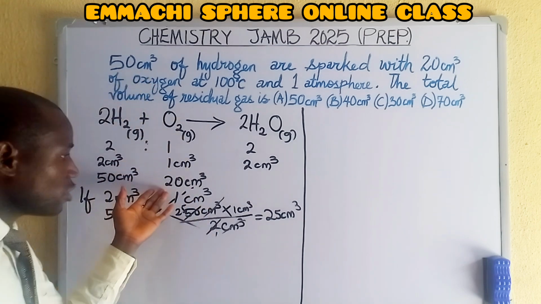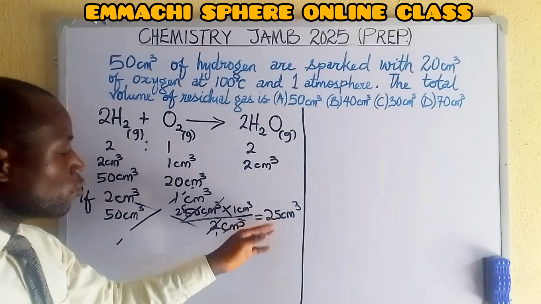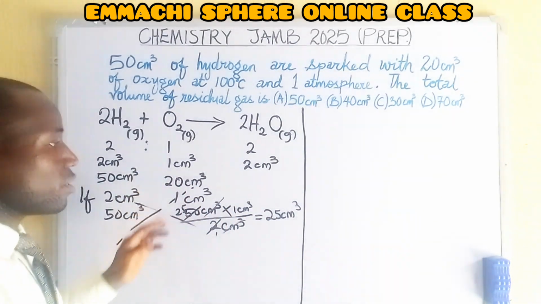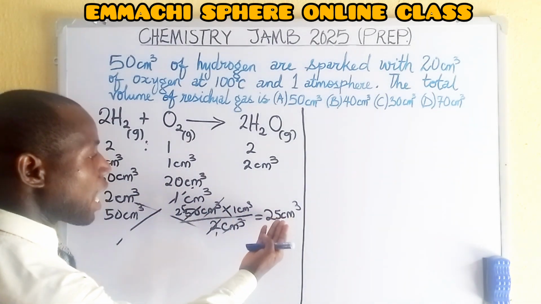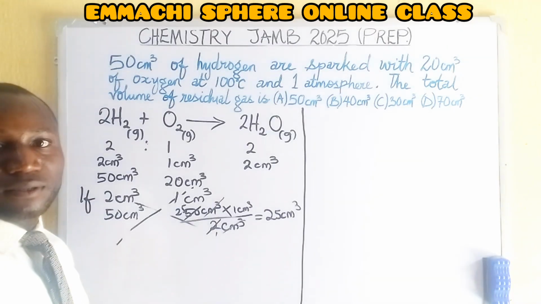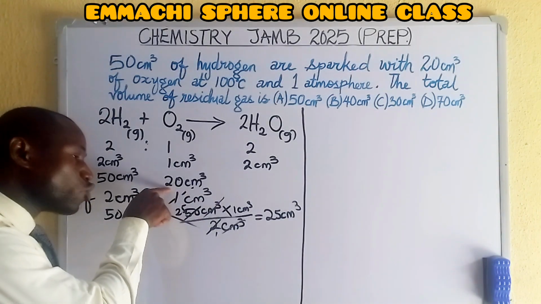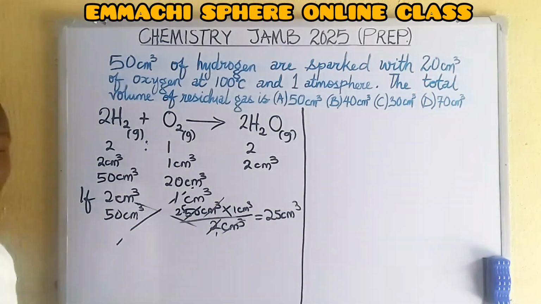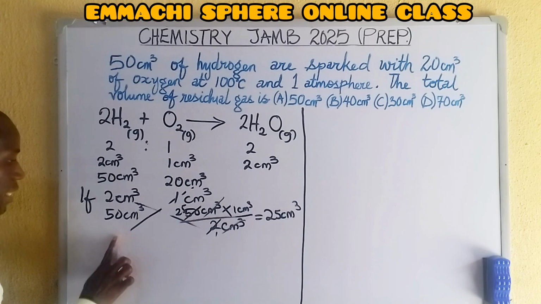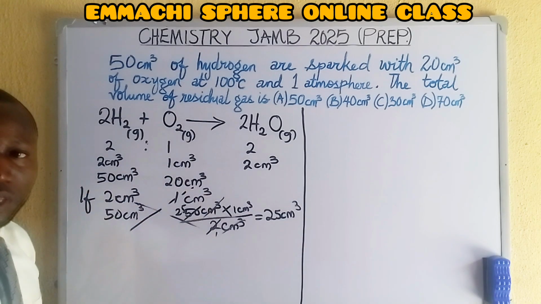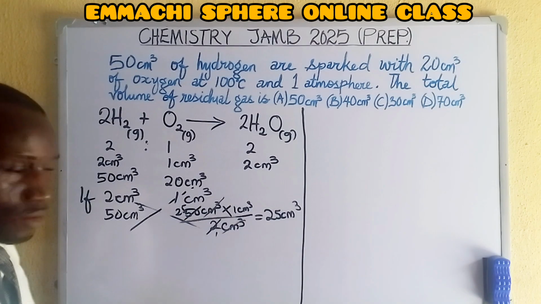But what is given to us is only 20 cm³. It means that for this reaction to take place, we don't have sufficient volume of oxygen gas. Therefore, we make reference to the 20 cm³ of oxygen gas that is given to us here. In that case, oxygen will determine the reaction.